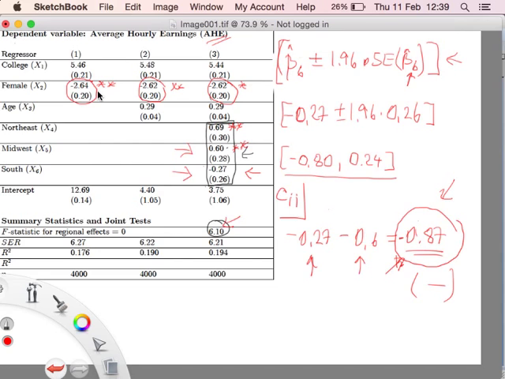Apart from regional differences and college degree, we don't have much. Age as well. We could include race, religion, and other factors that could make this not statistically significant. So we're looking at the gender gap, remember?